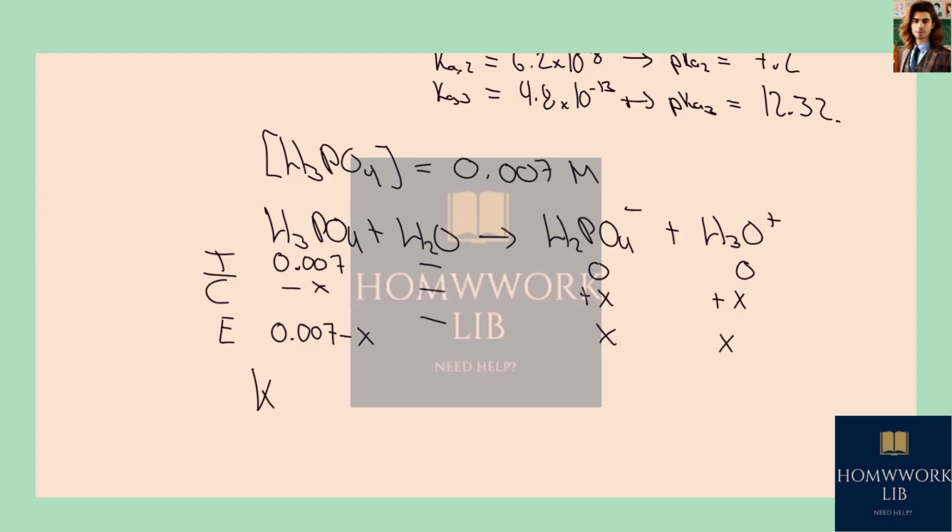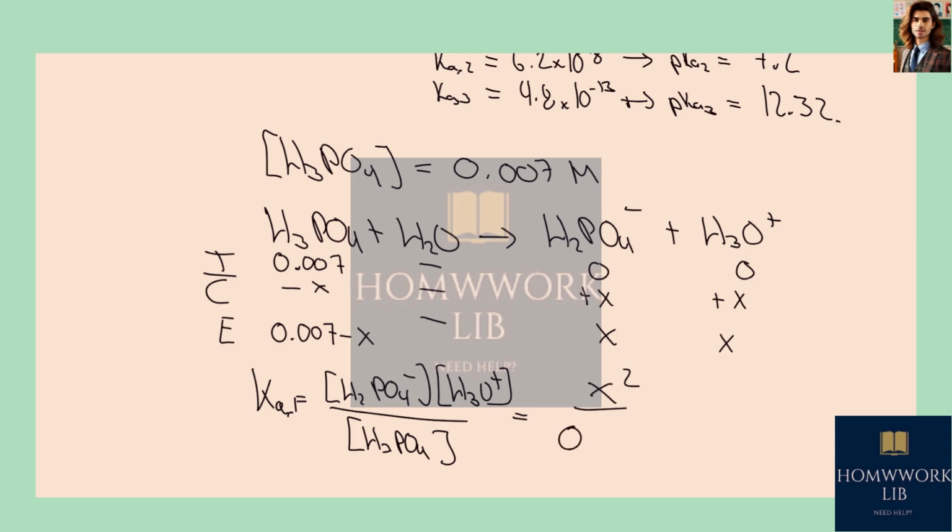So the value for Ka, which is the Ka1, is equal to the concentration of H2PO4 minus times the concentration of H3O plus divided by the concentration of H3PO4, which is equal to x squared divided by 0.007 minus x. Notice that this is equal to 7.5 times 10 to the minus 3.